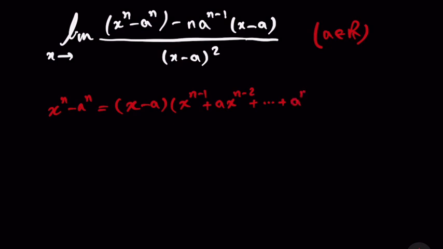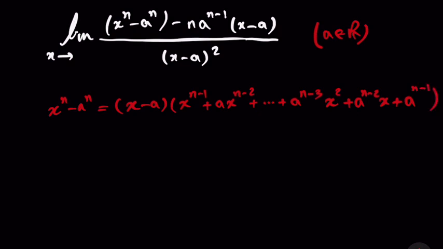We keep writing until we have a to the power of n minus 3 x squared plus a to the power of n minus 2 x, and the last term will be a to the power of n minus 1.